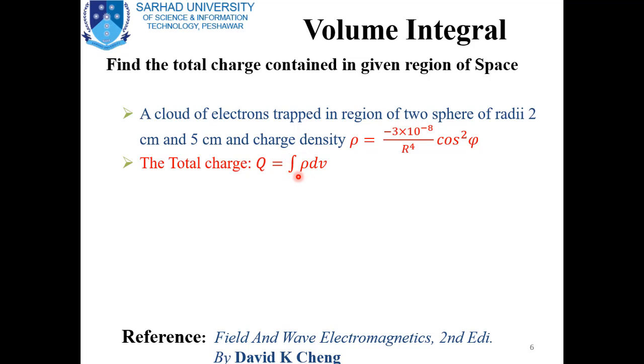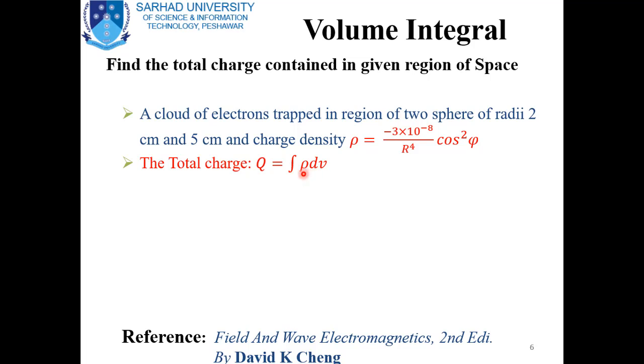So we have a charge density function which depends upon two parameters, as clearly indicated by the expression. It depends upon the radial component r and the plane angle phi. So we have to calculate this integral, in which we choose the volume element in spherical coordinates.